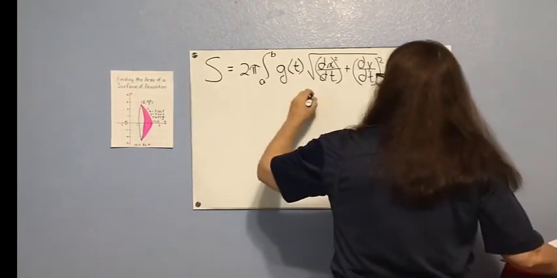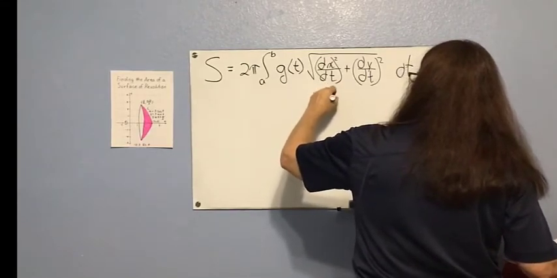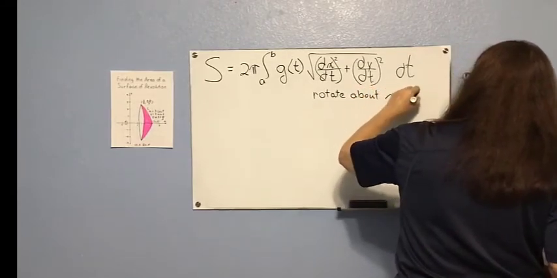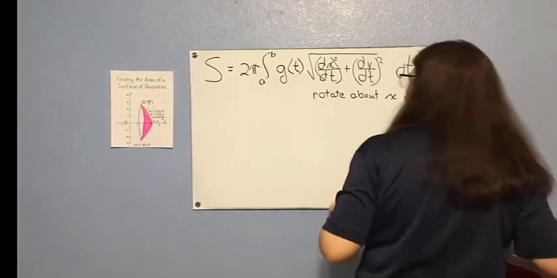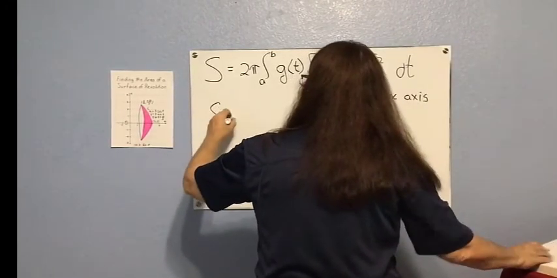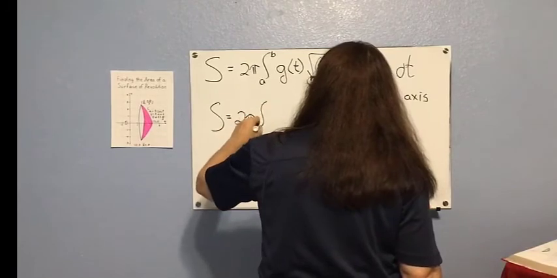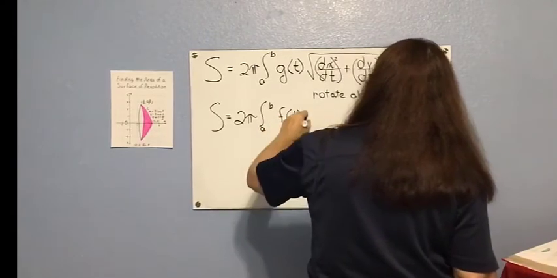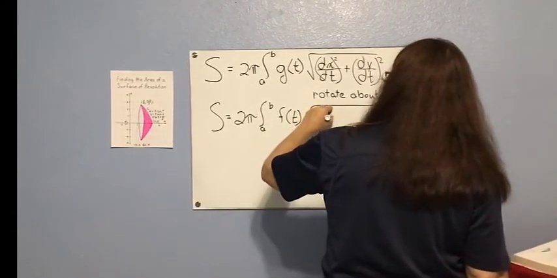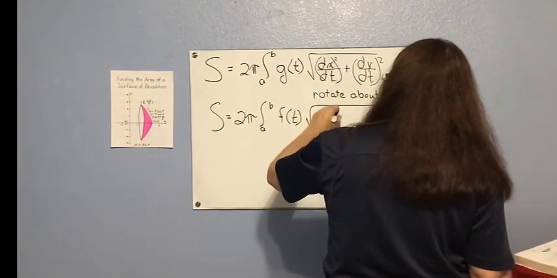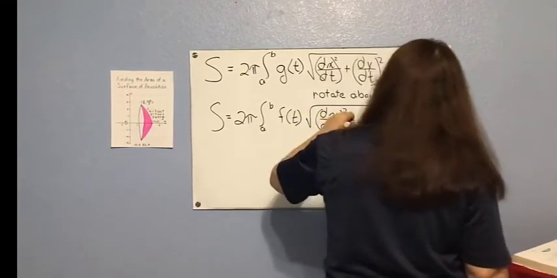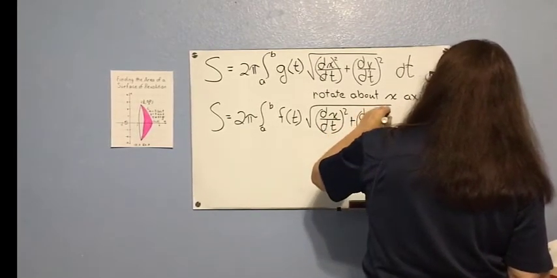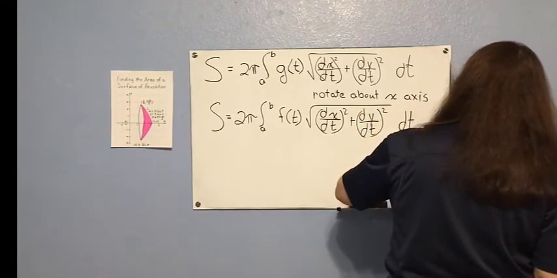Okay, and this is if we want to rotate about the x-axis. If we wanted to rotate about the y-axis, we would use f of t, and the rest of it is the same. So this is for the y-axis.